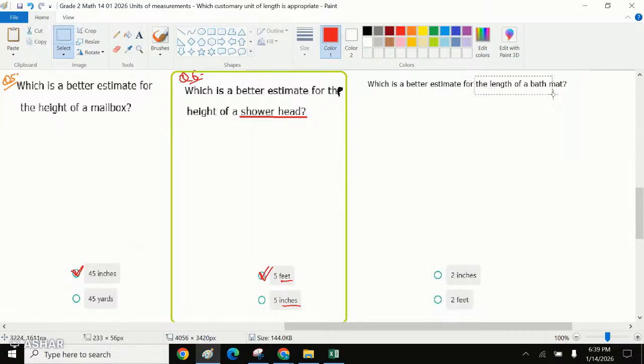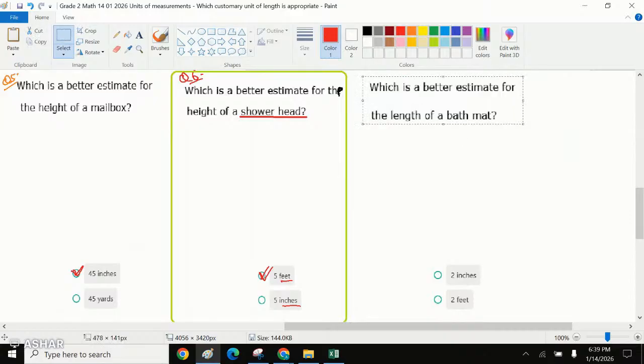Okay. For the length of a bath mat, if you're bathing and once you go out, there's a floor mat, right? So what should be the better estimate of a bath mat? When we step on it, it should be big enough to hold our feet, right?